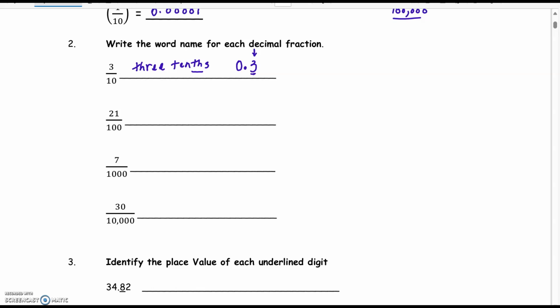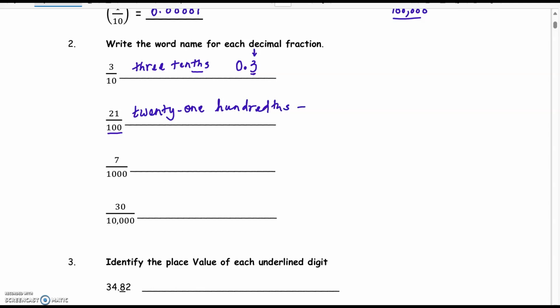So that is 3 tenths. Now remember that the 100 in the denominator tells us that it is 21. Say it just the way you would say 21. 21, 21. But the denominator tells us that it is hundredths.